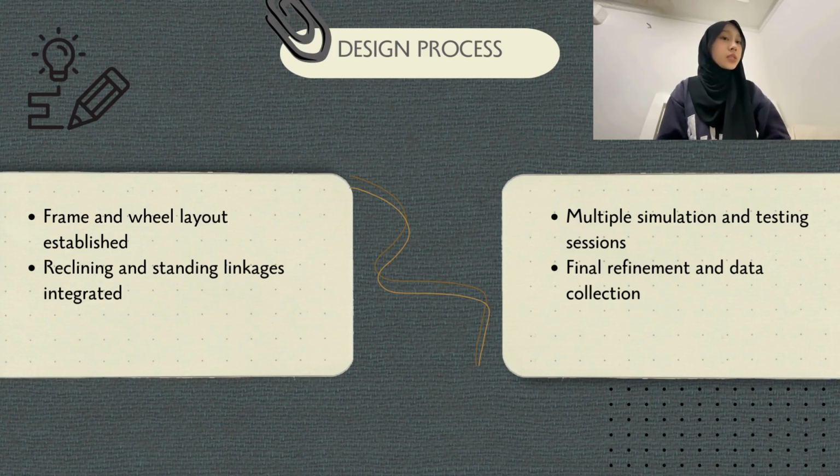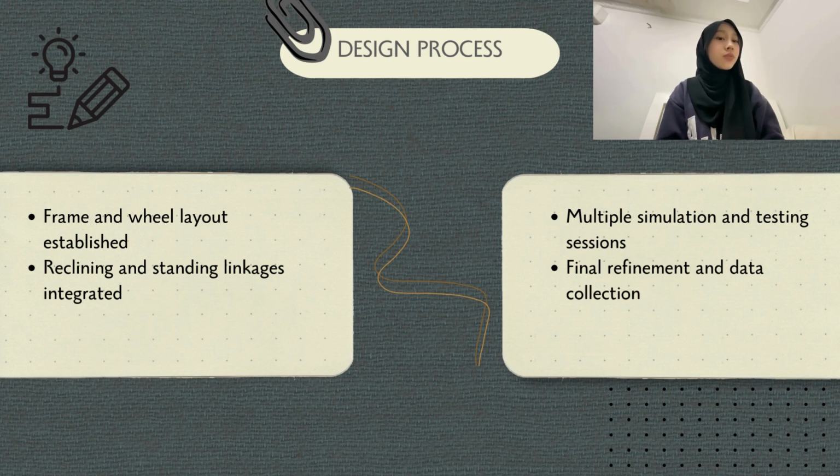The design process began with constructing a basic wheelchair frame to ensure structural stability and proper support. Once the base structure was established, additional mechanisms for reclining, standing, and lifting were integrated using linkage systems. Special focus was given to the reclining mechanism to achieve smooth and controlled motion.